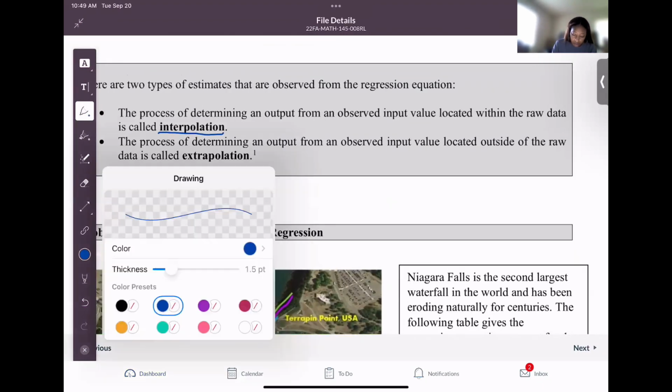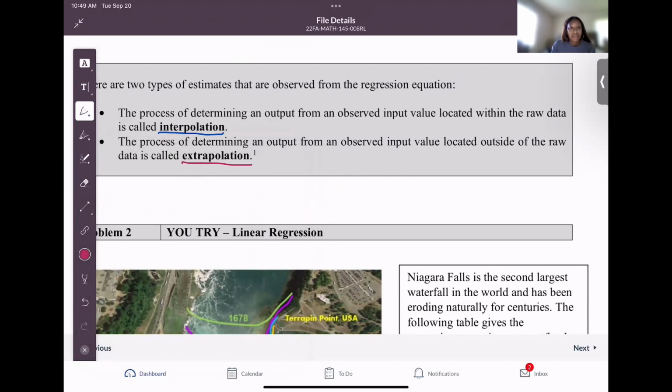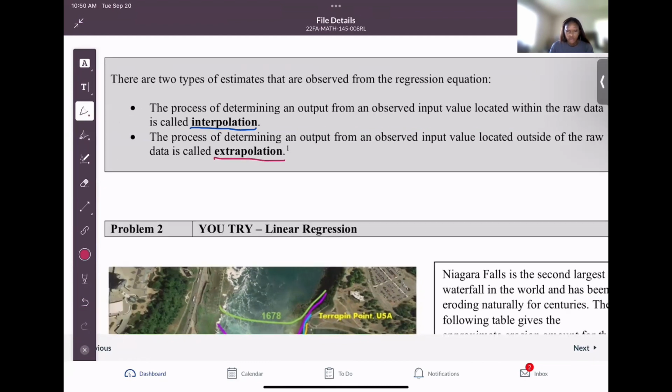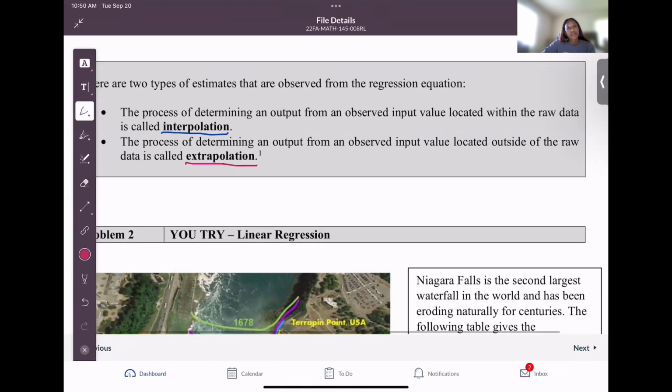Okay. The other option would be extrapolation. That's if we're finding an output based on an input value that's located outside of the raw data. That means if we pick something less than 0 or bigger than 12 to plug in, that would be an example of extrapolation. When we are doing these approximations, interpolation would give us a better estimate than extrapolation.